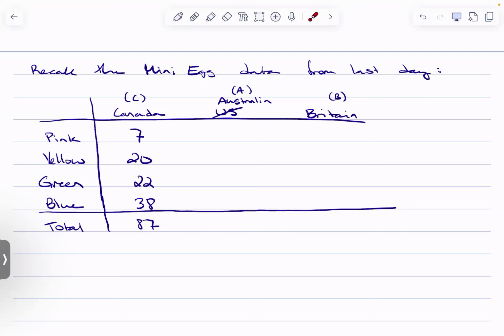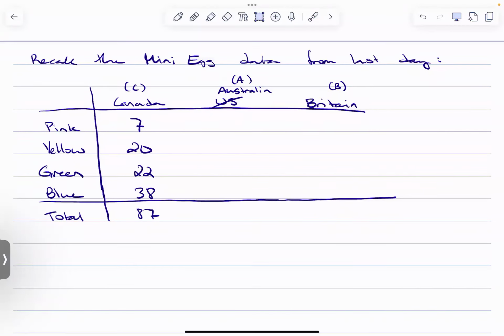If the country is independent of the colors, or the colors are independent of the country, which is usually how we would phrase it, then I would expect a similar distribution, not too far off, in Australia and also in Britain, similar to what we saw in Canada. But I want to push the boundaries a little bit because I want to get a bigger chi-squared so that we can reject H naught.